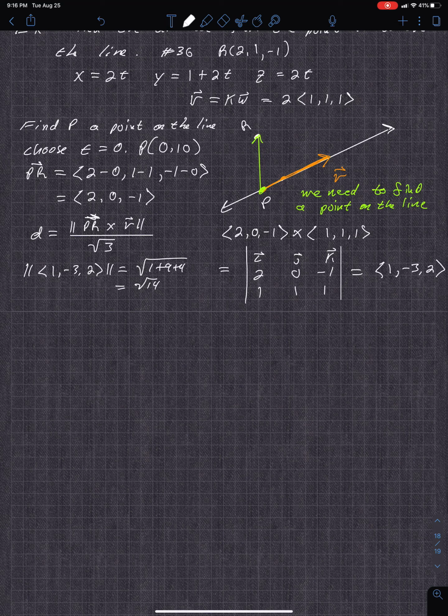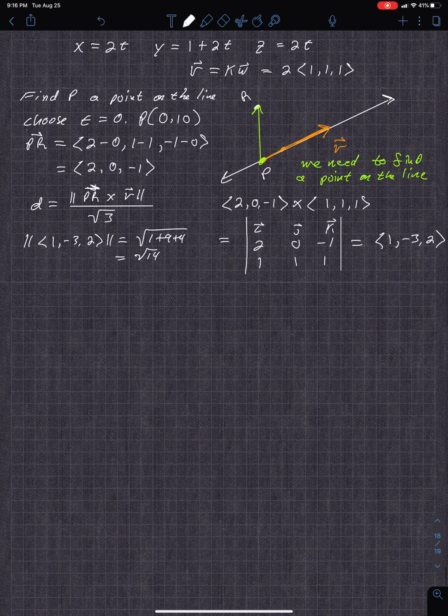That means the distance d from the point to the line is root 14 over root 3. And that's good enough for me. That's fine right there. You can get an approximation if you want, but that's it.